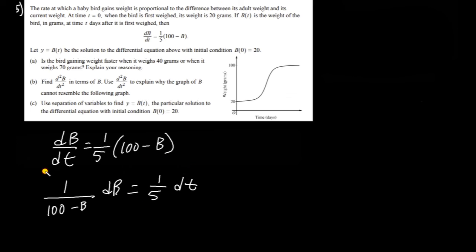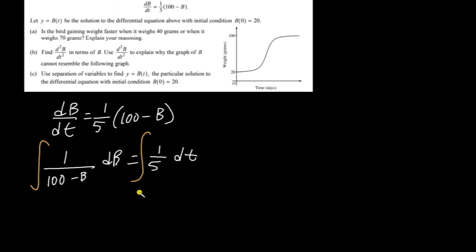And now I'm going to integrate both sides. We already have a dB and a dt here, so it's just a matter of simply integrating. This guy, since there's a -1 in front, is not going to be the natural log of 100 minus b. It's going to be negative natural log of 100 minus b, because of that negative coefficient there.